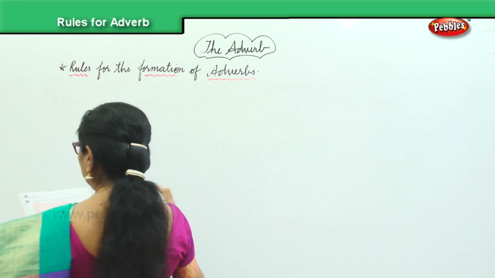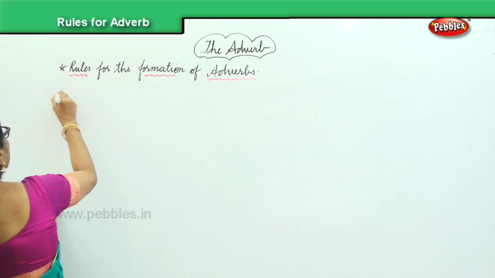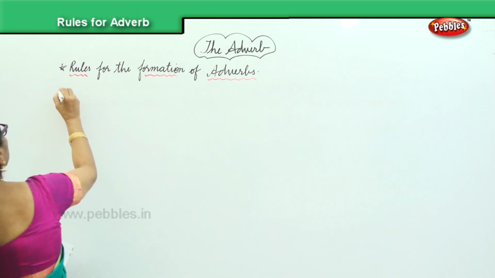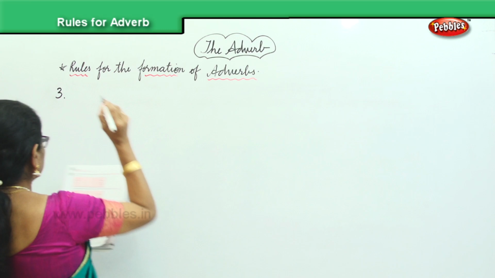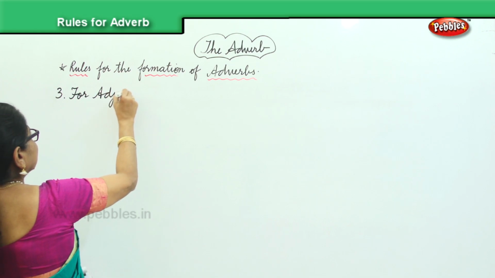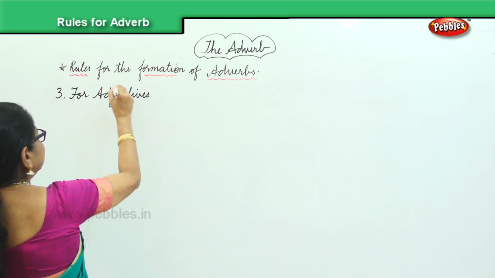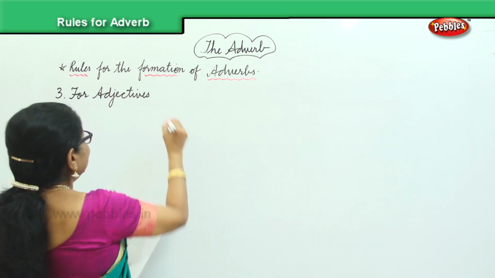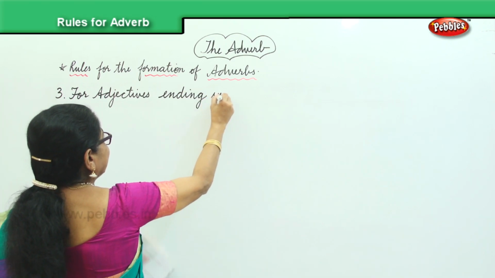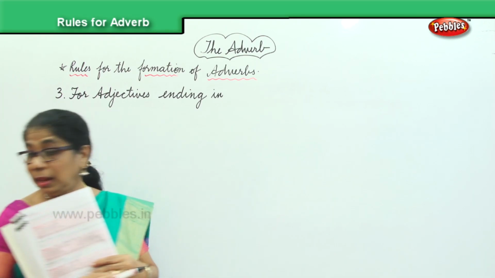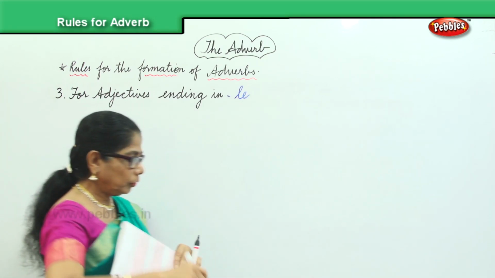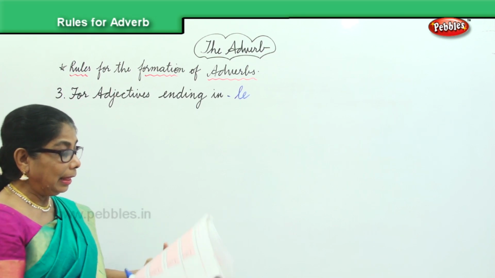So we are going to the third rule for adjectives ending in le. What happens when it's ending in le?